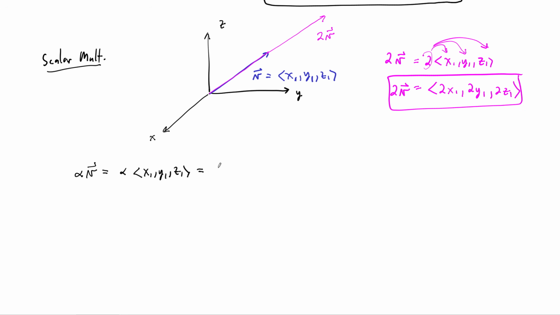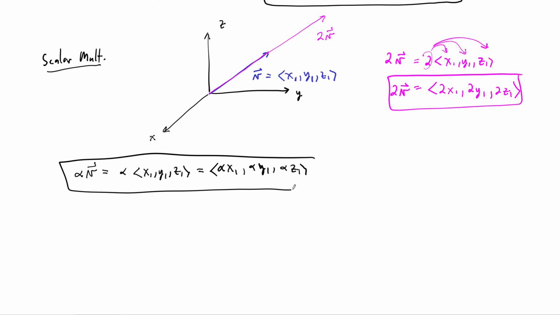And like I said, this is going to distribute and be done component by component. So alpha x1, alpha y1, and then alpha z1. All right, and so this is our scalar multiplication done component-wise.